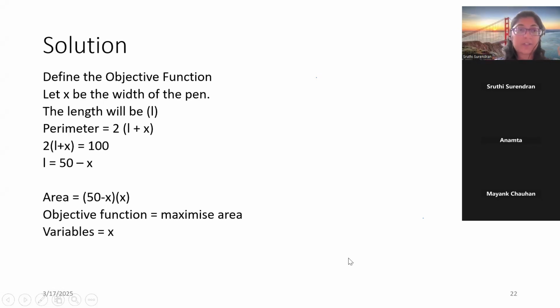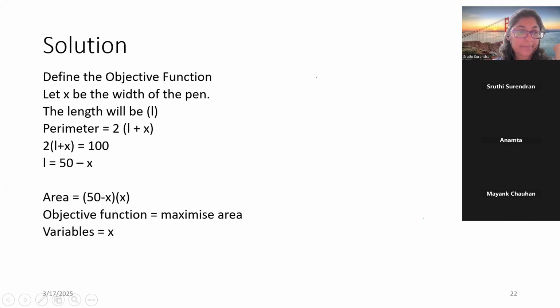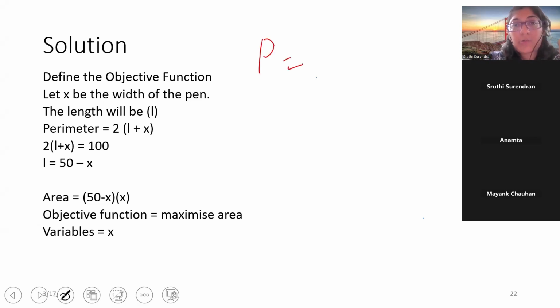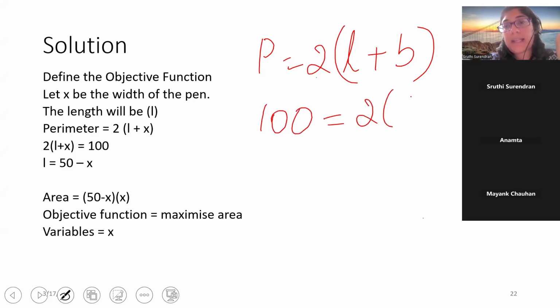So the objective function defined here is to maximize the area, right? The variable is x. Now let's see how it is x. We know that perimeter is equal to 2 times length plus breadth. It is given 100 is equal to 2 times length plus breadth.